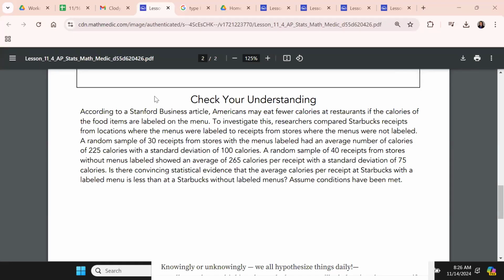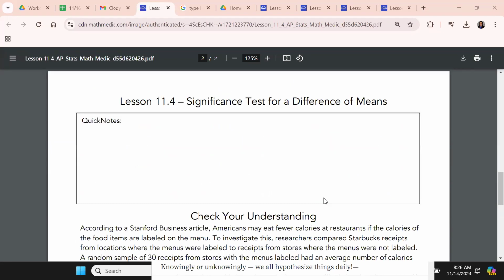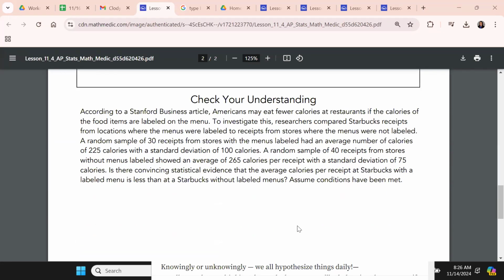According to a Stanford business study, Americans may eat fewer calories at restaurants if the calories of the food items are labeled on the menu. To investigate this, researchers compared Starbucks receipts from locations where menus were labeled with receipts from stores where the menus were not labeled.